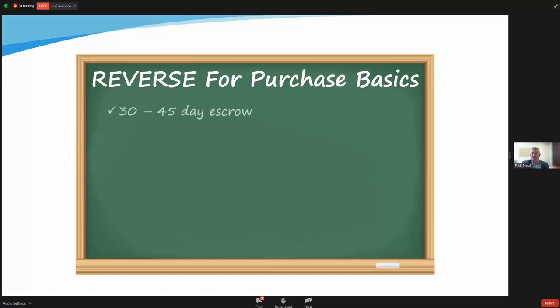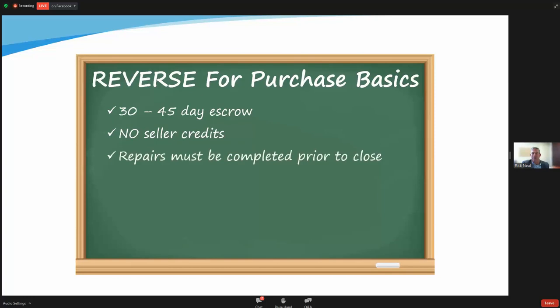The first is 30 to 45 day escrow, which it really should say 45 to 60 plus, particularly if the counseling was not completed. There are no seller credits allowed. Repairs must be completed prior to close. And again, the counseling must be completed.